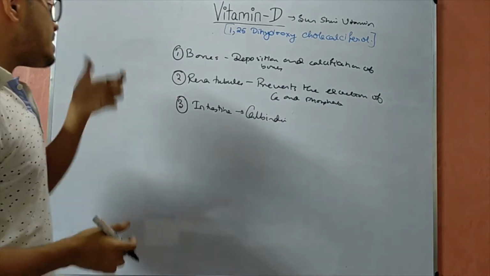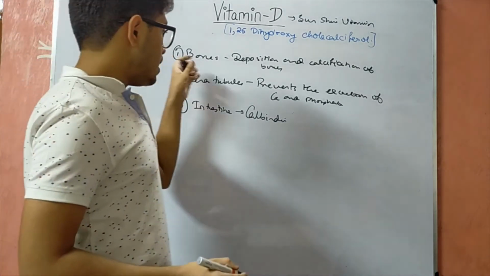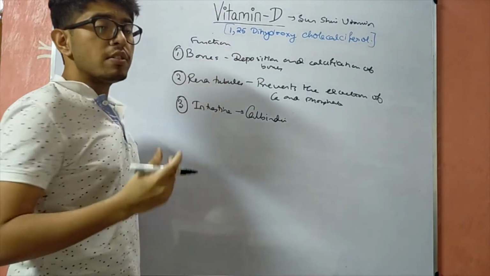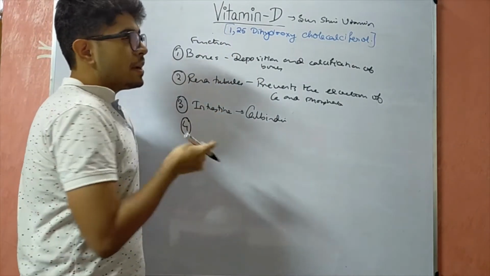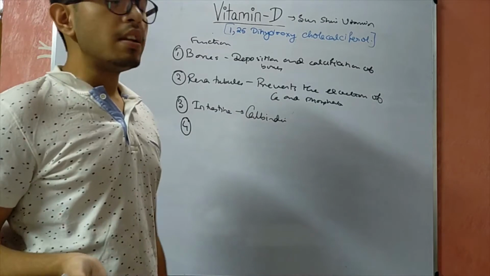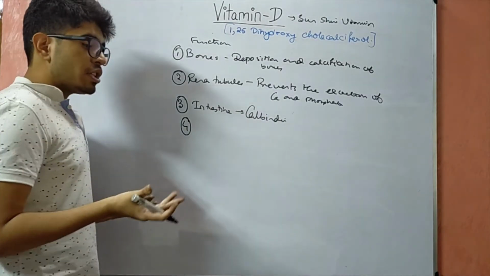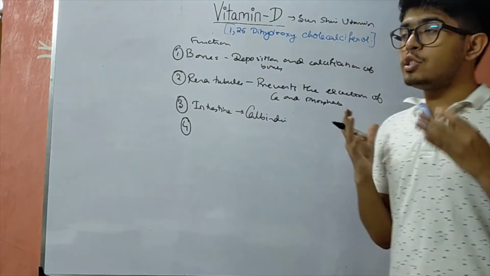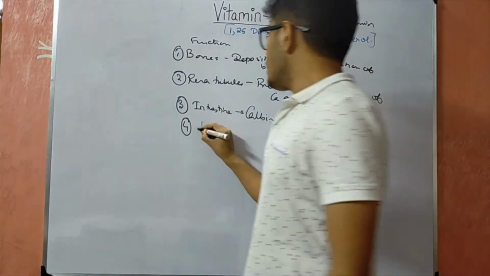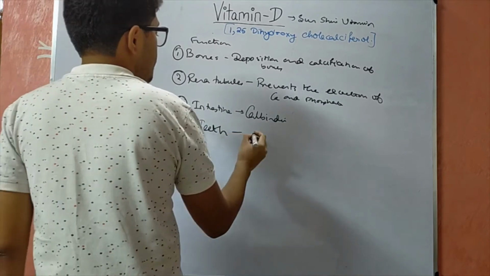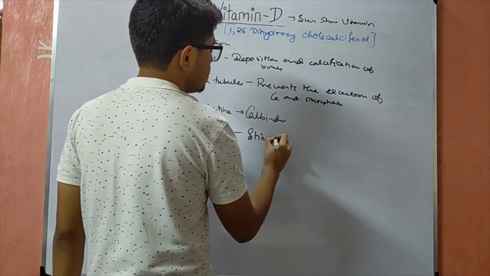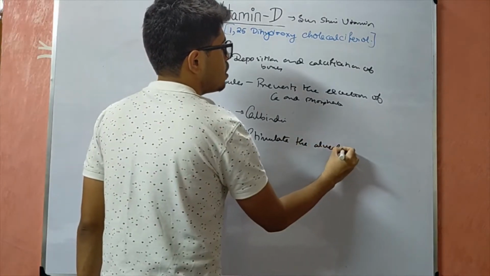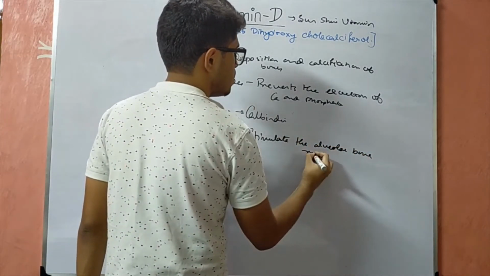So these are the three basic important functions of vitamin D, and it also has certain roles in the teeth, because here also it helps in the deposition, and it also helps to maintain the structural integrity of the alveolar jaw and stimulate the alveolar bone regeneration.